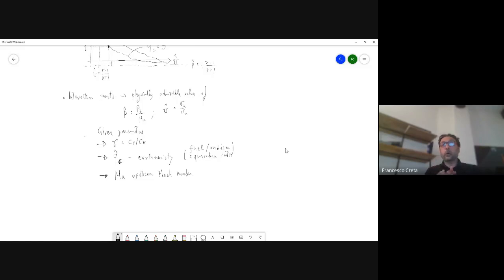However, this is not totally true. There is one special case where you can actually derive mu from the analysis and not specify it. This is when the Rayleigh lines and the Hugoniot curves are tangent, because then you have an extra condition of tangency, which can be used to find mu.